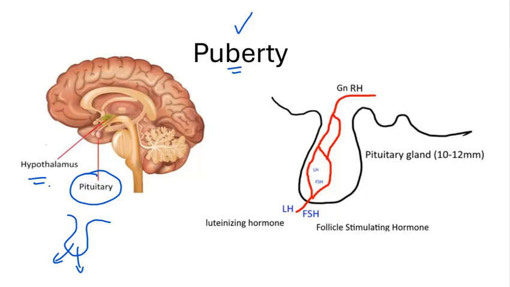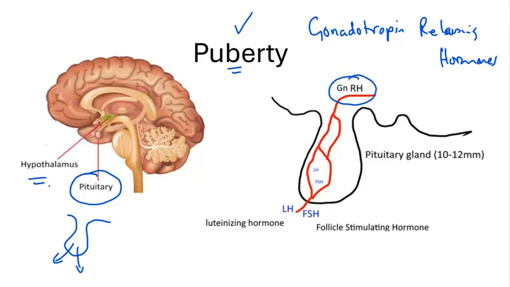The hormone that is released from the hypothalamus is gonadotropin releasing hormone, and this is reduced to GnRH.